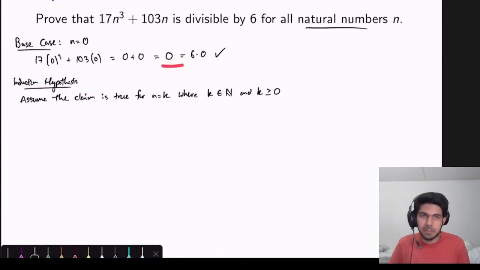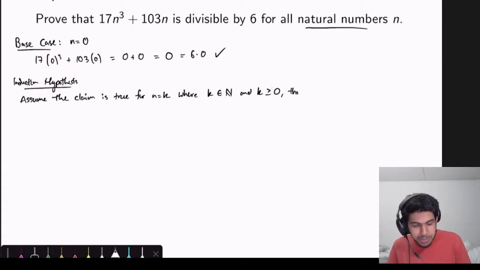The 0 comes from the base case. This might be a little redundant because the natural numbers are lower bounded by 0, but in my opinion, it's just nice to specify both of these because sometimes in the question we'll say, prove that this is true for all natural numbers n greater than or equal to 5, and then here we would have to put a 5. So it's just practice and it's good.